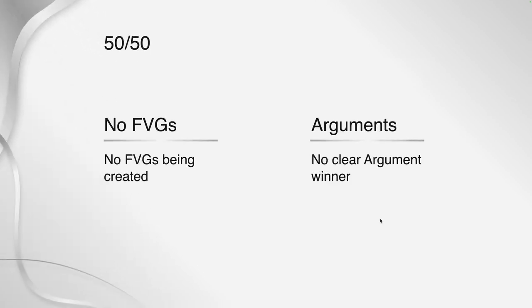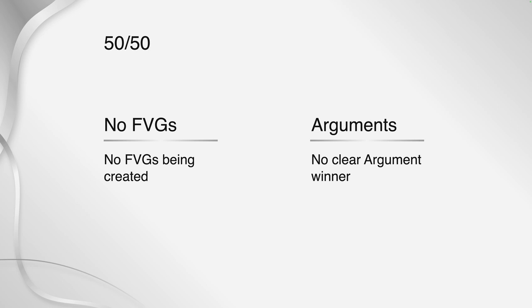50-50 conditions is, again, in between that low probability and high probability right there. 50-50 oftentimes is when we have no FVGs, meaning no FVGs are being created. That leads to an understanding we don't have bullish intention, we don't have bearish intention, it's just 50-50. It can do whatever it wants at that moment in time.